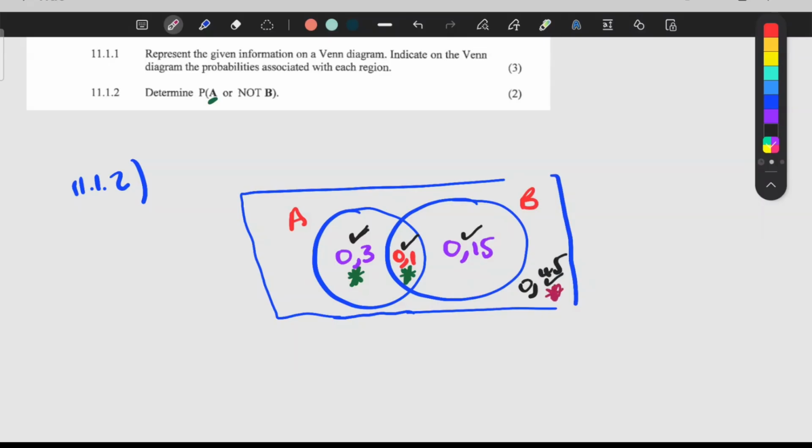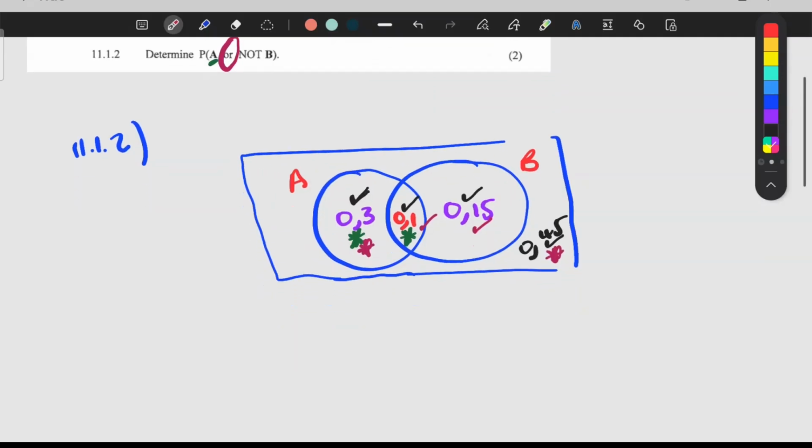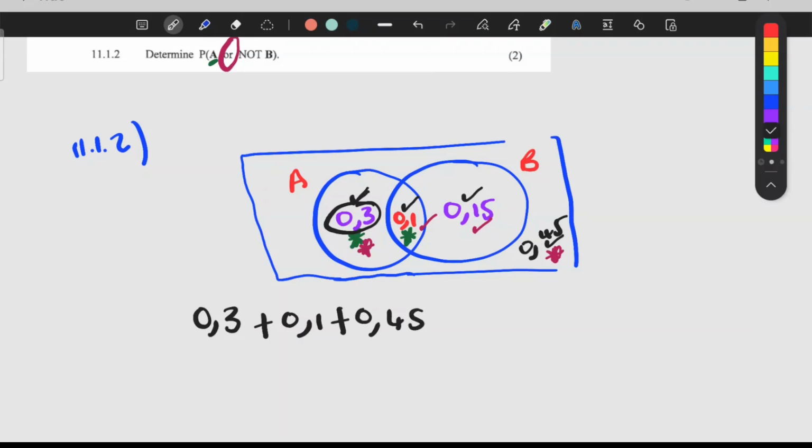This is B, this is B, this is not B. When you have "or", you add up everything where you have a star, without repeating. So 0,3 has 2 stars, and I'm not going to write it twice. So 0,3 plus 0,1 has a star, and 0,45 also has a star. That's one way of doing it, and then I get my answer to be 0,85.